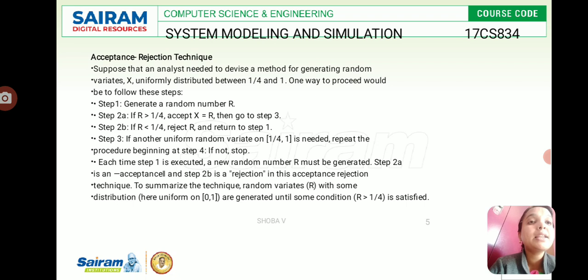To summarize this technique, we have to generate a variate with some distribution, like uniform on 0 and 1. These values are generated until some conditions get satisfied.